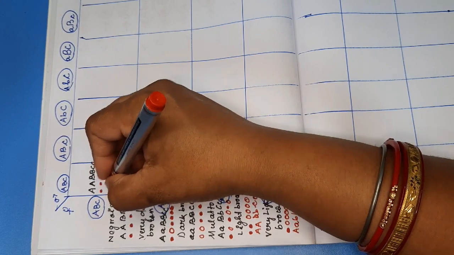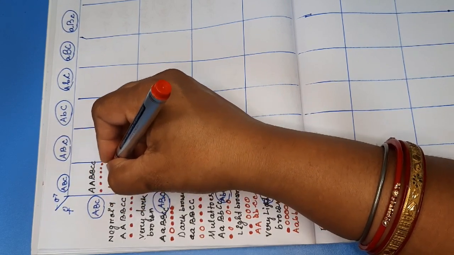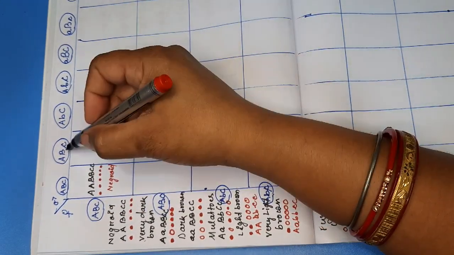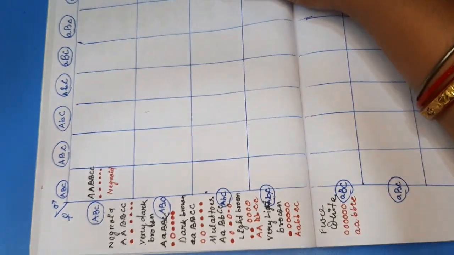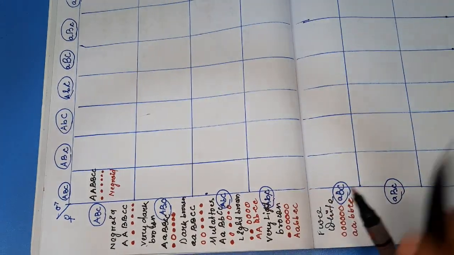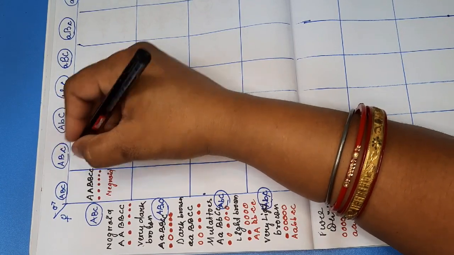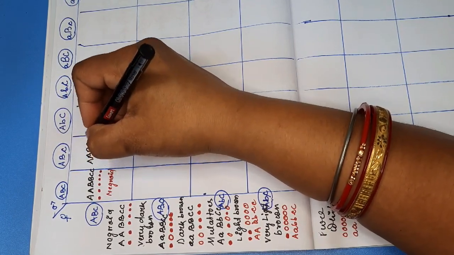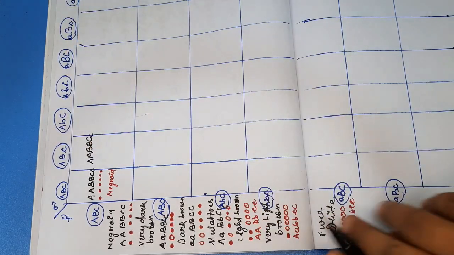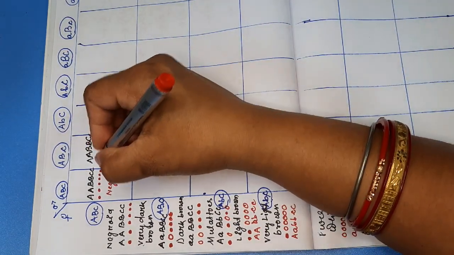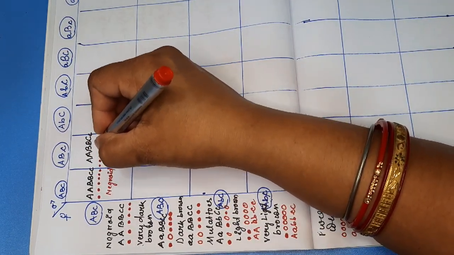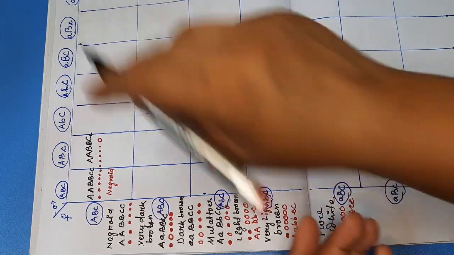It will be the negroid phenotype. If this fertilizes this, then it will be capital A, capital A, capital B, capital B, capital C, small c. So 5 will be dark spots and 1 will be lighter.